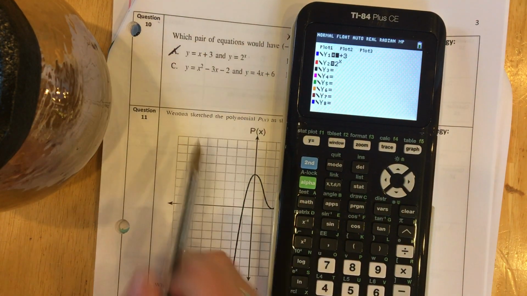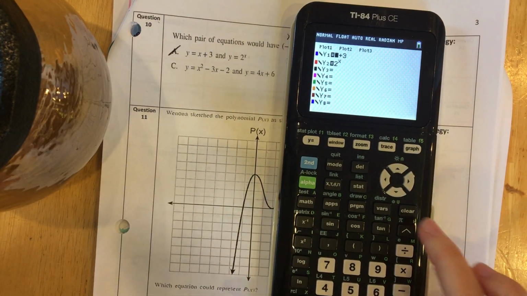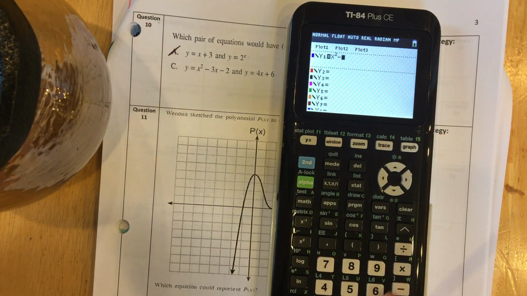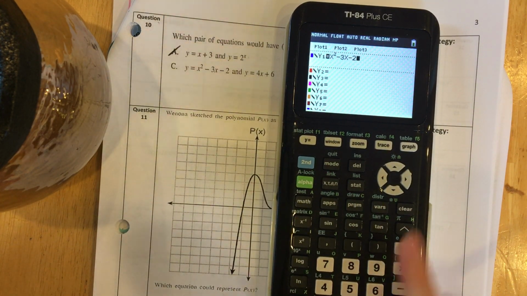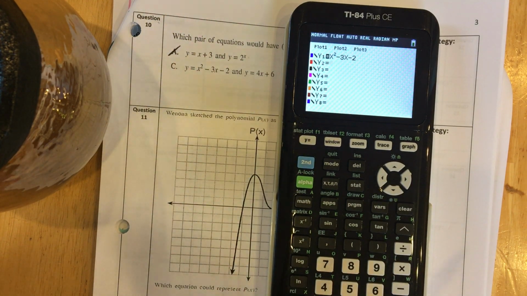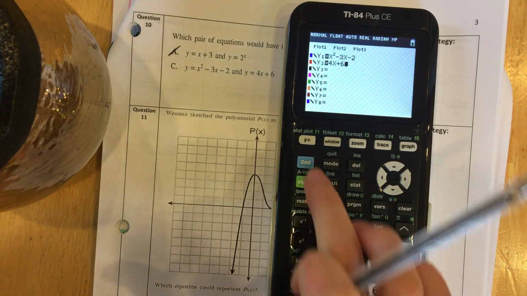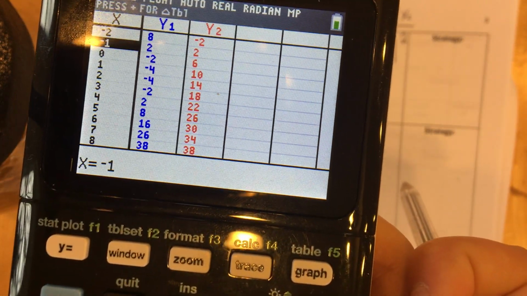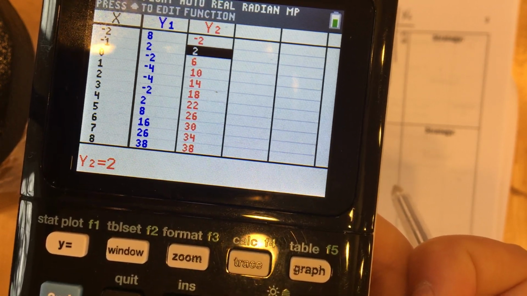So let's check C in my calculator. I'm going to plug in x squared minus 3x minus 2 into my y1, and then for my y2, I'm plugging in the linear 4x plus 6. And then I'm going to check that table again, where x is -1. Notice how I see a 2 and a 2, okay?